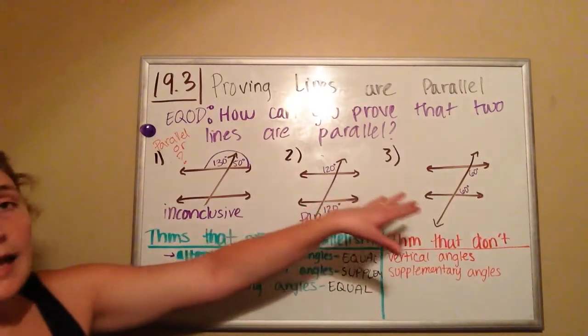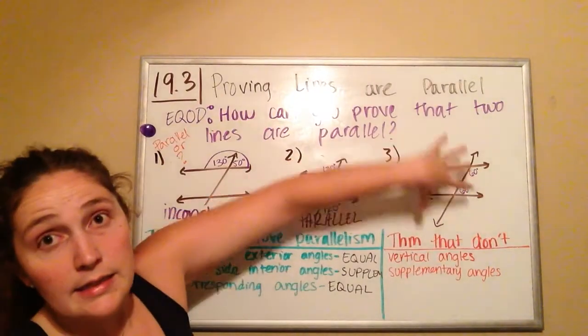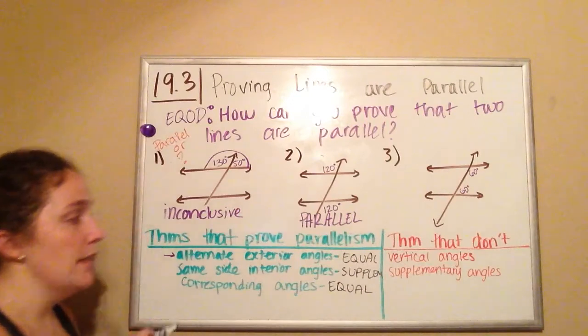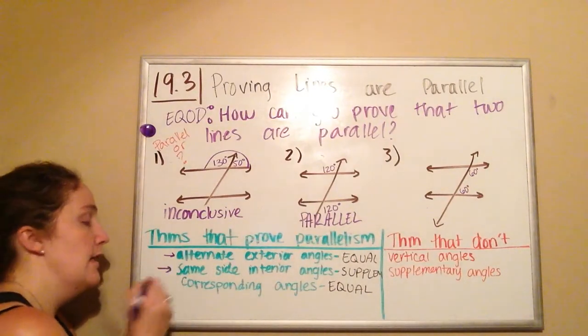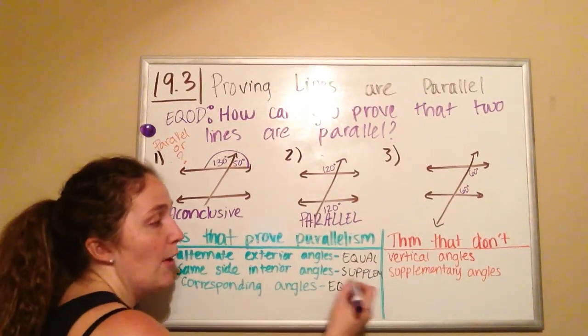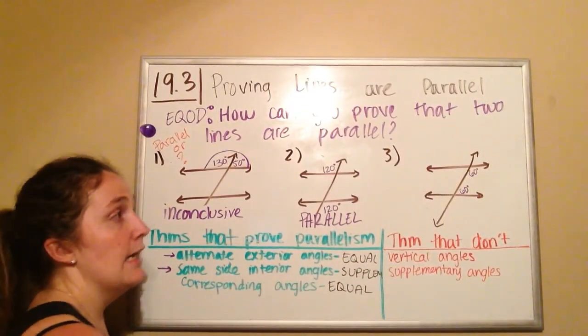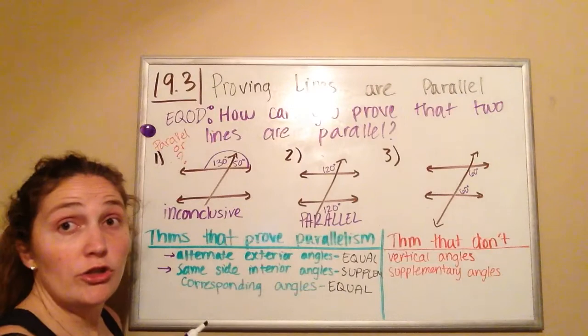Okay? And the last one, 60 and 60, okay, these are same side interior. They are supposed to be supplementary, which means they add up to 180. 60 plus 60 is 120.